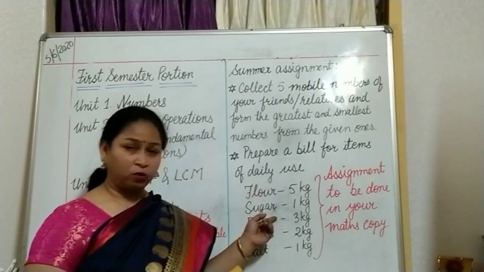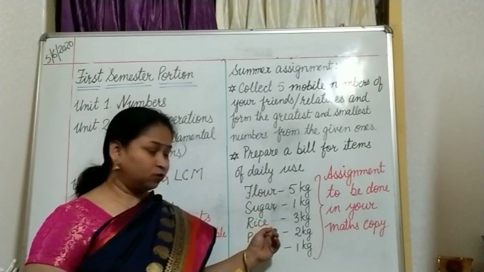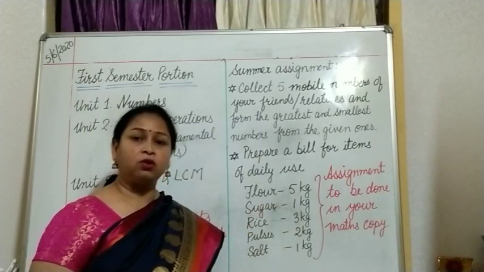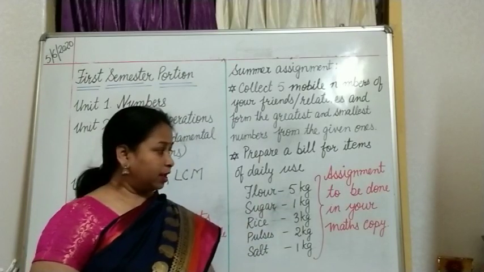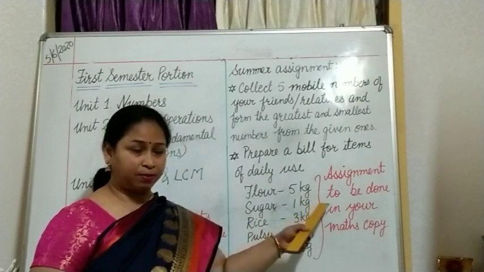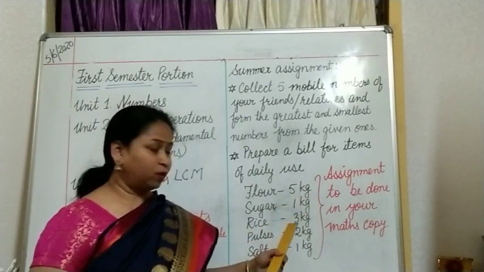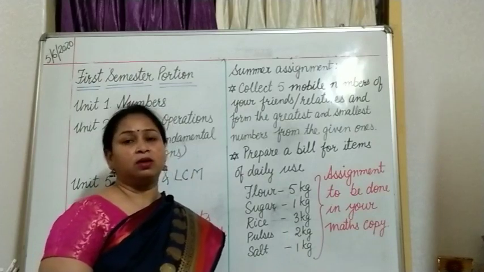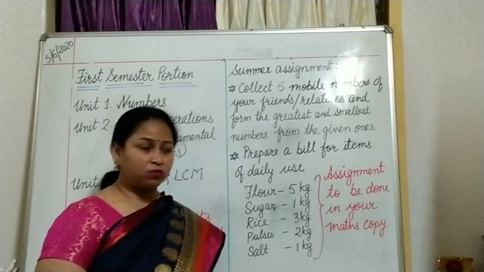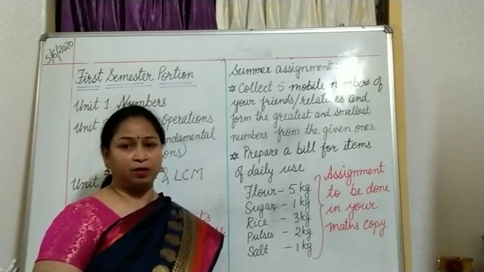Then the cost of sugar, rice, pulses and salt. So you need to know the price, and then multiply with the numbers given over here. 5 multiplied, then 1 multiplied. Whatever the cost, your parents purchase the grocery, isn't it? So you will get all the price list from there, and then you can multiply and get it.